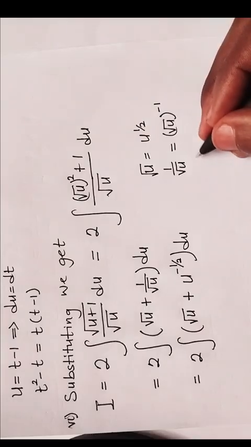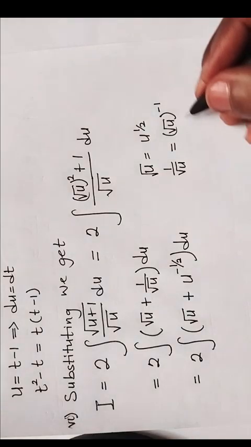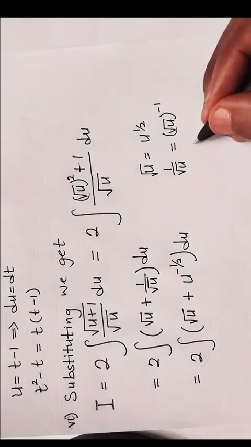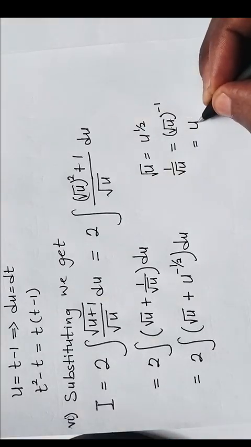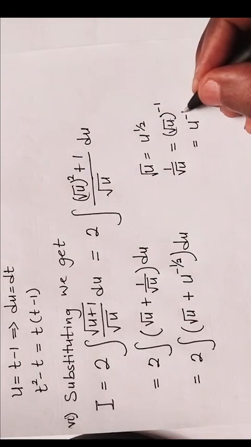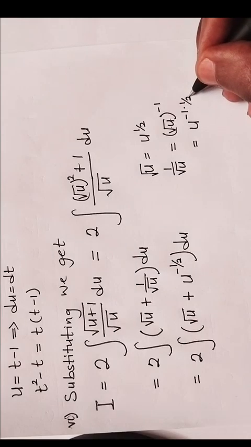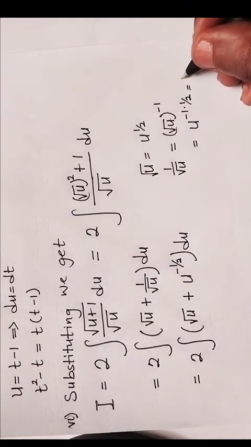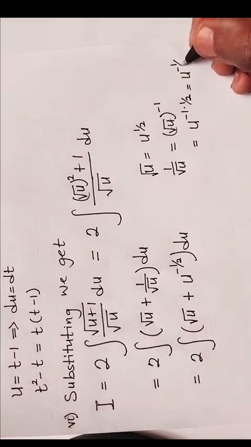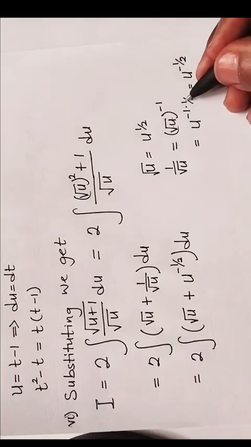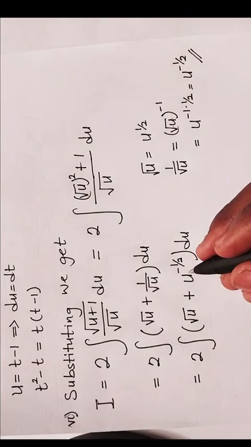So if you have the square root of u here, you can still write it as u raised to the power of negative 1 multiplied by 1 over 2, which is the same thing as u raised to the power of negative 1 over 2, because 1 multiplied by 1 is 1, divided by 2. This is what we get. That is why we have this here.